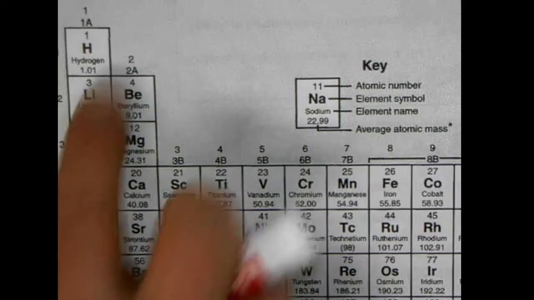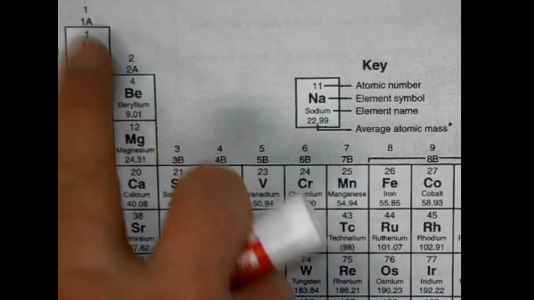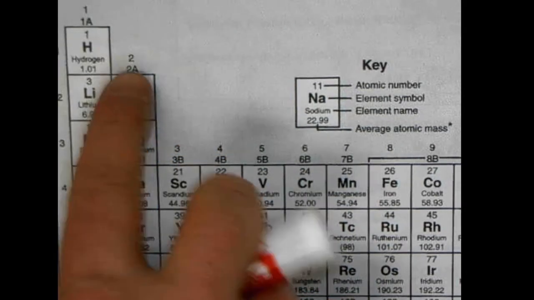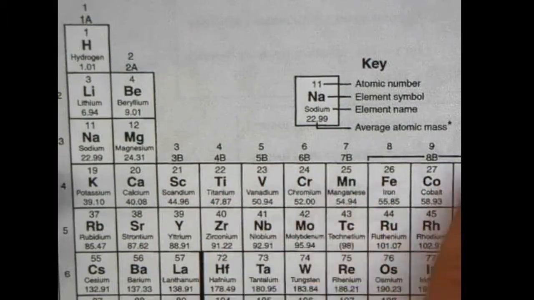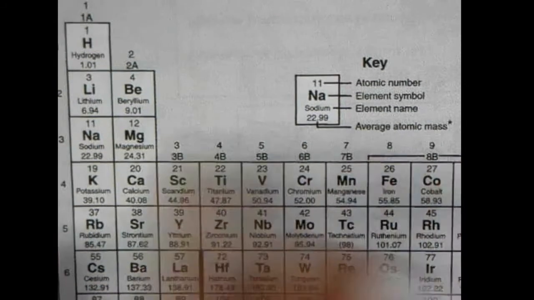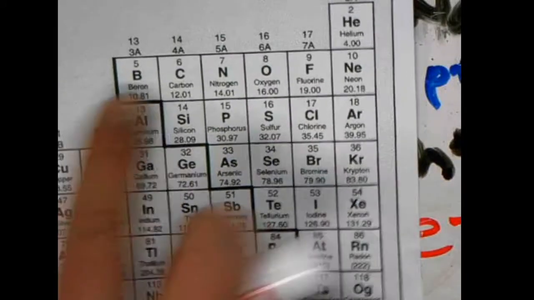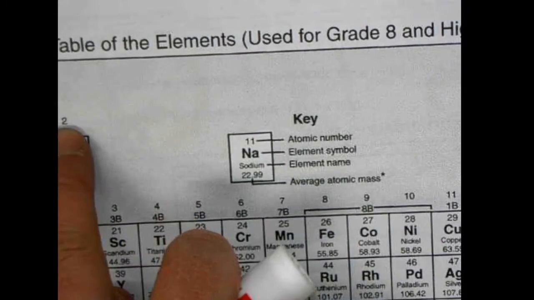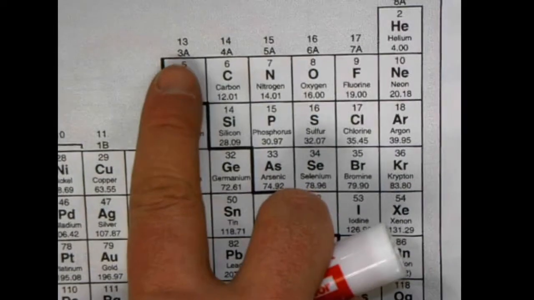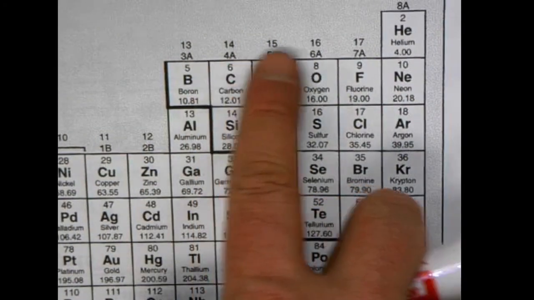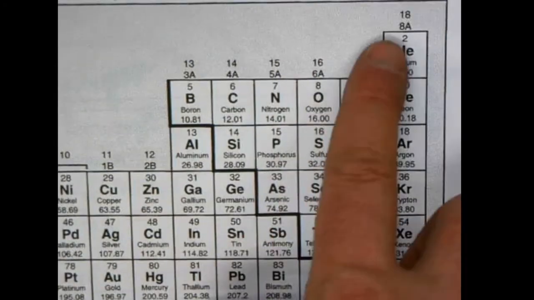Another tricky way to know that is that the number by the letter A will tell you how many electrons go on the outside. That doesn't work for the B's here in the middle. We're going to focus on these first 2 columns and then the last 6 at the end. So you have 1A, 2A, and then over here at the end, 3A, 4A, 5A, 6A, 7A, 8A.